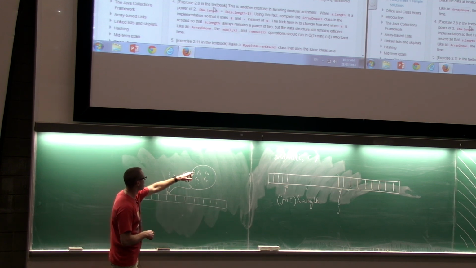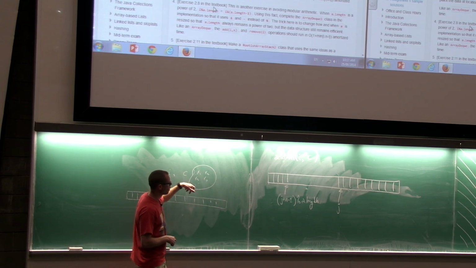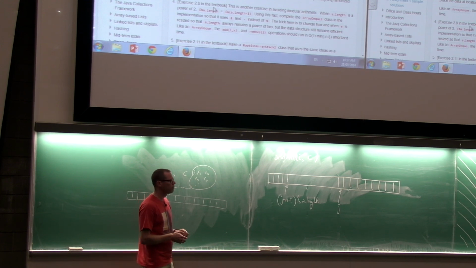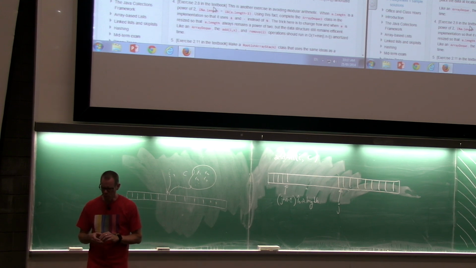So it inserts the first element of c into position i, and the second element in position i plus 1, and the third element in position i plus 2, and so on. If you think about that for a while, that's not going to be terribly efficient. So what's the problem with that solution?